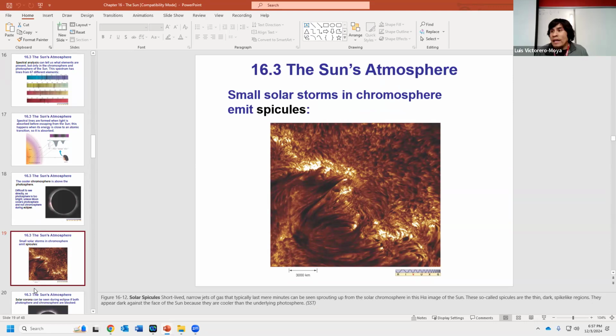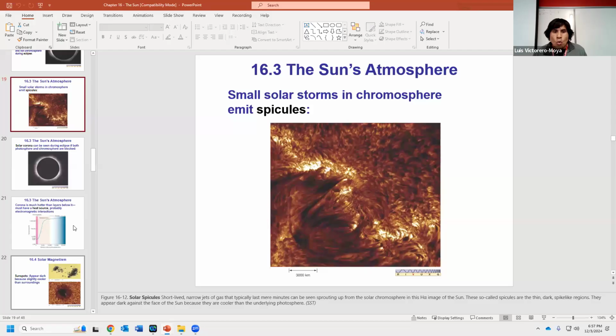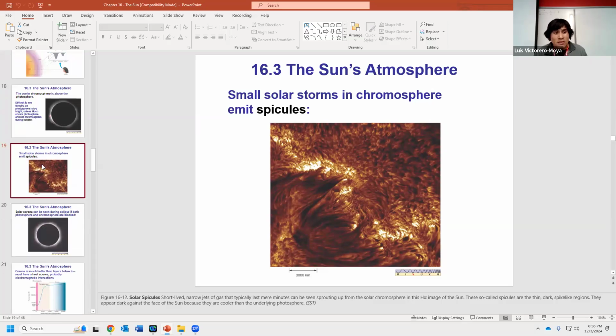And sometimes they correlate with solar mass ejections, with solar storms, which happen in the chromosphere, by the way. That's the layer on top of the photosphere. You have the photosphere, you have the chromosphere, and then you have the corona.